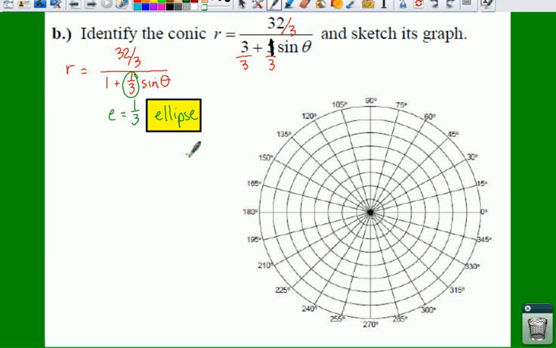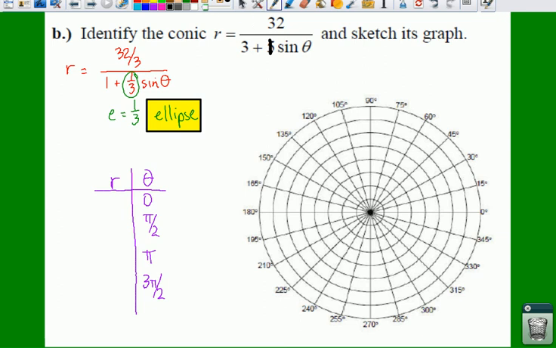So let's graph our ellipse. To make our table of values, you still only need 4. So we're going to use some symmetry here, make your life a little bit easier. So we're going to go 0, pi over 2, pi, and 3 pi over 2. So if you plug a 0 in, and we'll plug it into our original equation up here, it's a 1 there.